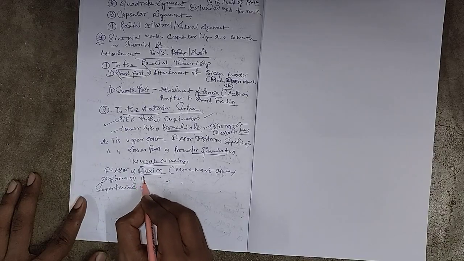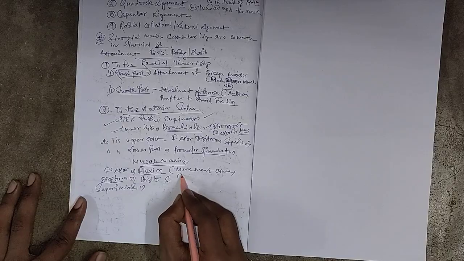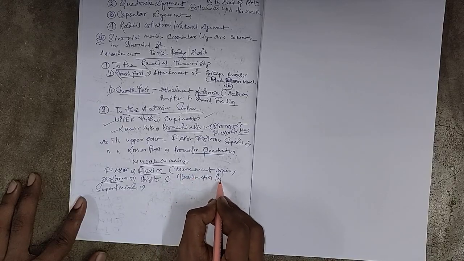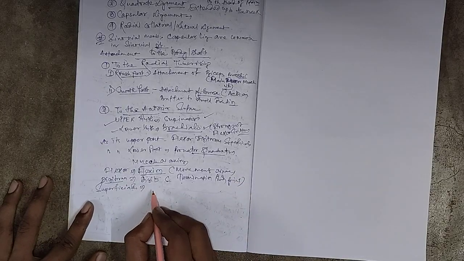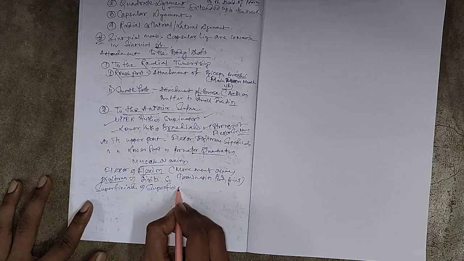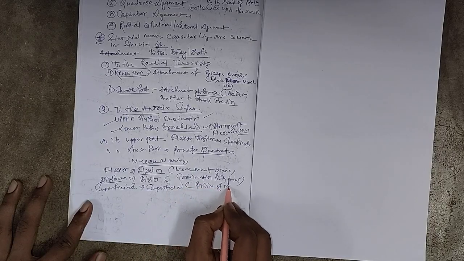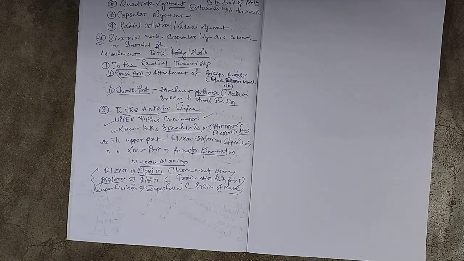Then digitorum is related to digits, which is the termination point or end point. Then superficialis is related to superficial, which is the position of the muscle. So this is how the muscles are named.